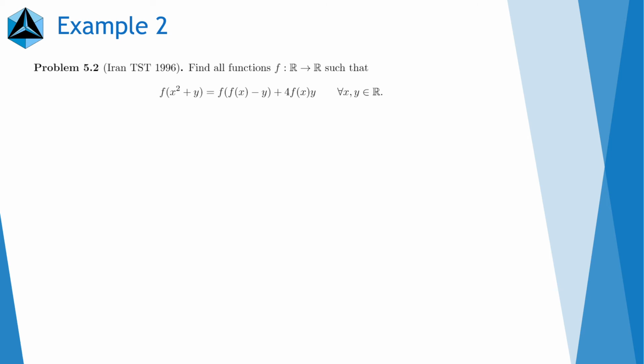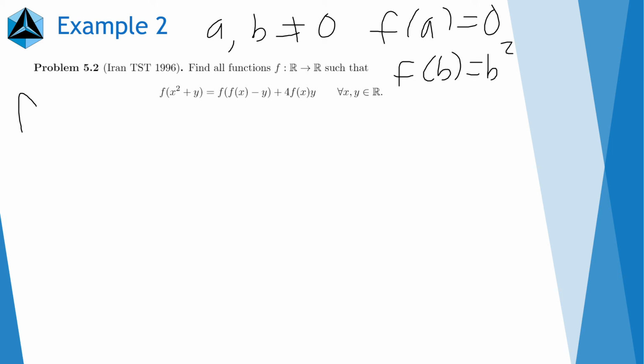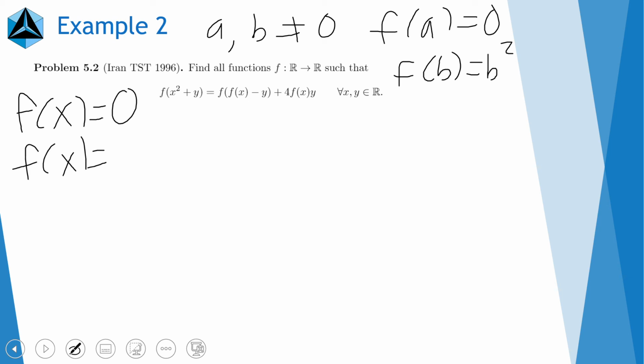So let's let a and b be non-zero numbers, okay? So let's make that clear. A and B are both not equal to 0, such that f of a is equal to 0 and f of b is equal to b squared. Why do we do this? Because what we want is to run into a contradiction here. We want either f of x to be equal to 0 for all x, or f of x to be equal to x squared for all x.